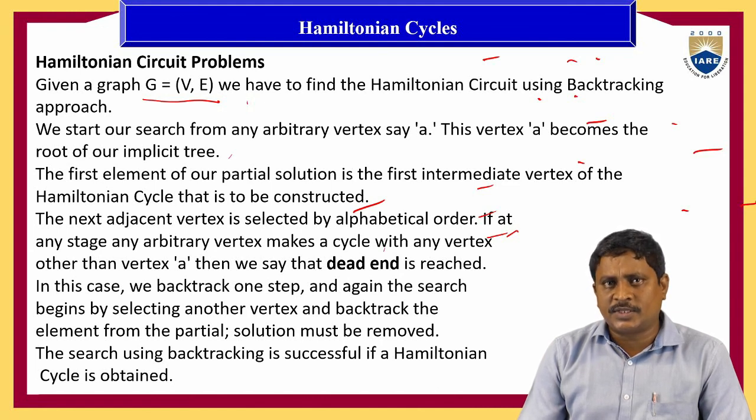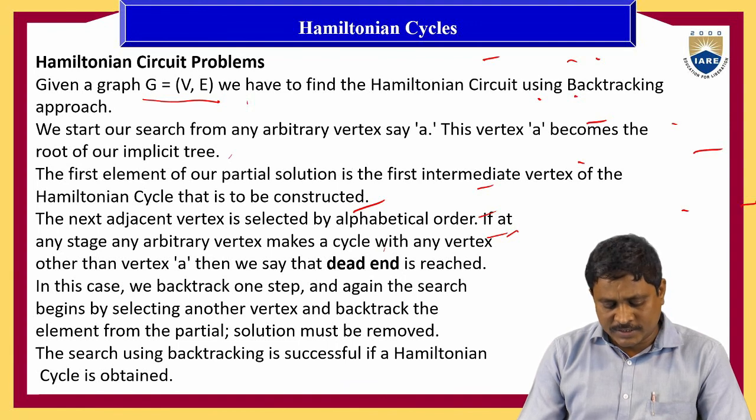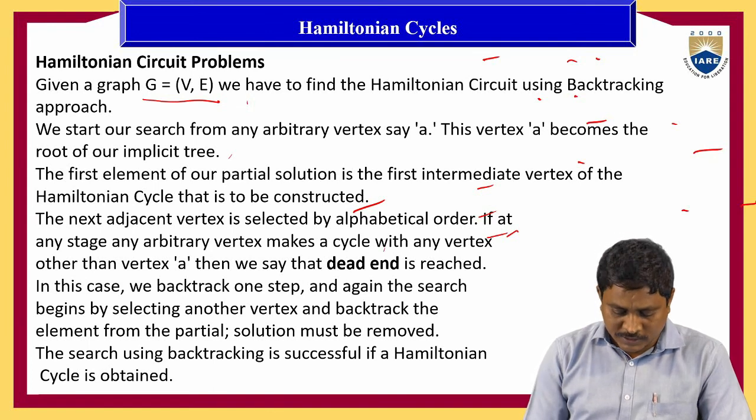The vertex A becomes the root of the implicit tree. The first element of our partial solution is the first intermediate vertex of the Hamiltonian cycle that is to be constructed. The next adjacent vertex is selected by alphabetical order. If at any stage an arbitrary vertex makes a cycle with any vertex other than vertex A, then we say that a dead end is reached.